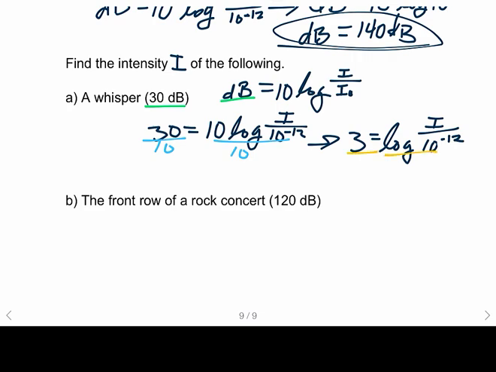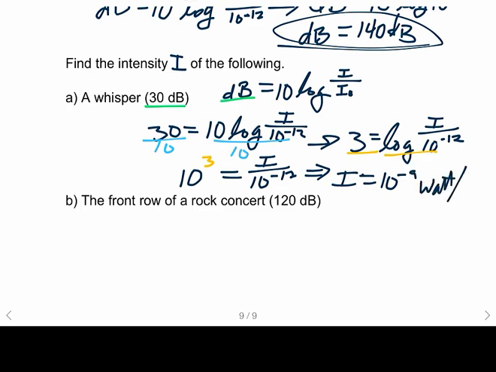The base is 10, and so we're looking at 10 to the third is equal to I divided by 10 to the negative 12. That's going to give us that I is equal to 10 to the negative 9 of a watt per square meter. And if you want to know what that means, take, I don't know, maybe a physics class.